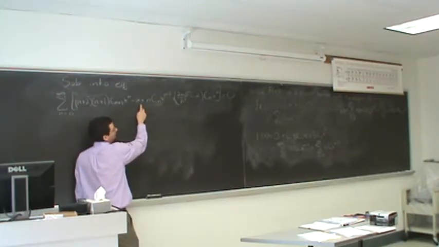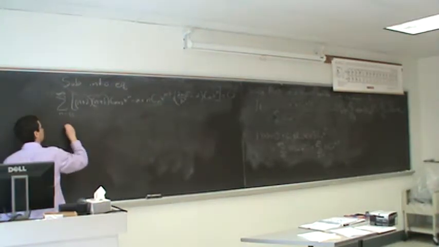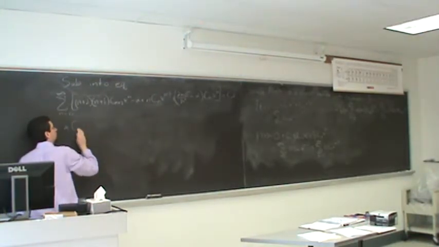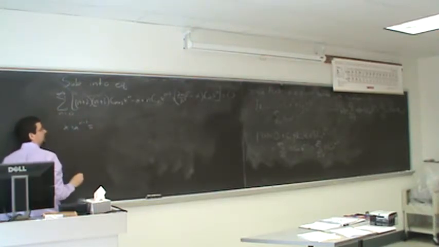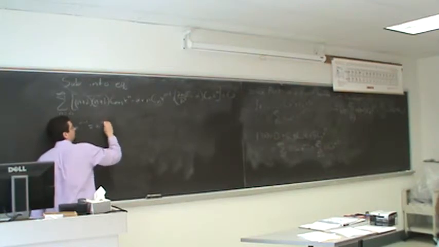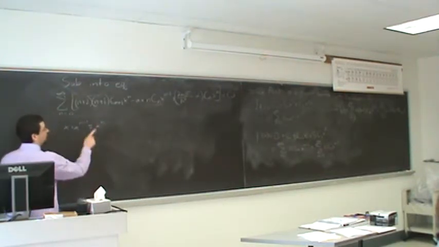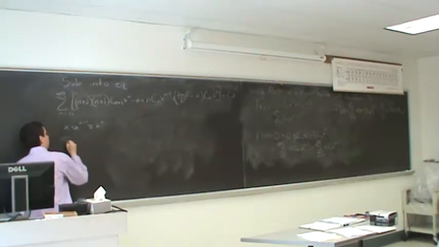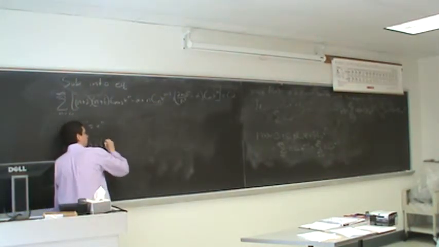So if you have x times x to the n minus 1, that's just x to the n. So we're going to simplify that. We're going to get the same sort of stuff out, except that's just going to be that. And that's actually kind of nice because it lets us discuss it in terms of even and odd functions.